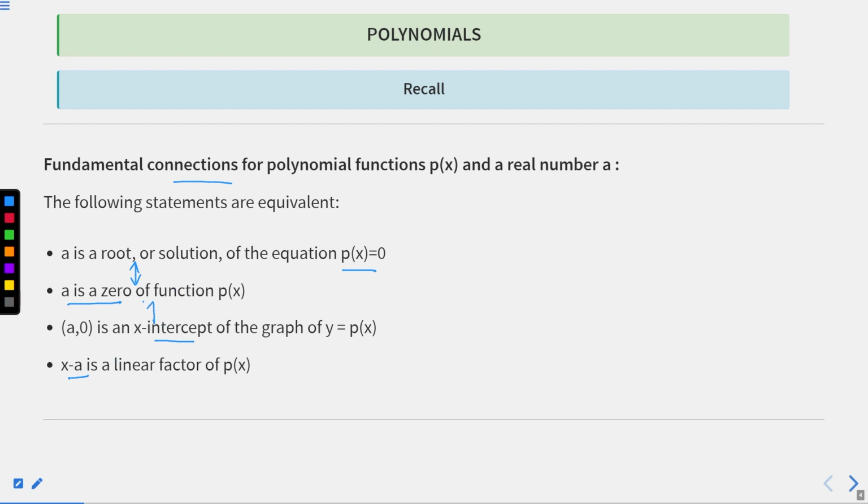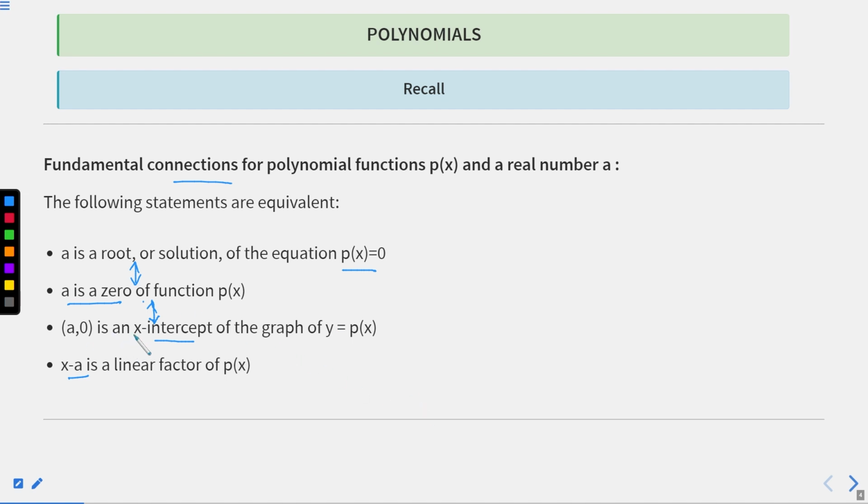So these two statements are also equivalent. If a comma 0 is an x-intercept of the graph, that means y equal to p of x cuts the x-axis at the point a comma 0, and here the x coordinate is a.